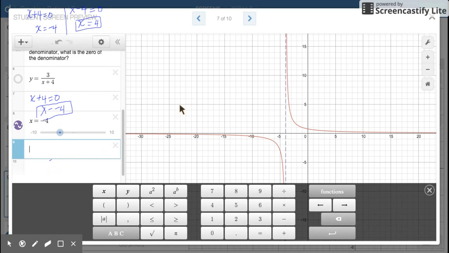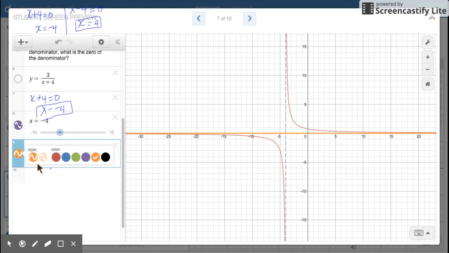Now, if I look at the graph, I see that the horizontal asymptote is y equals 0. Let's make that broken. And that looks like it's the horizontal asymptote. Okay, now, so the vertical asymptote seems to be at the value of x that makes the denominator of the simplest form equal to 0.